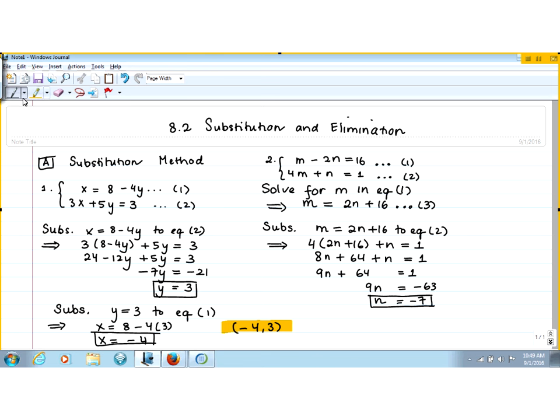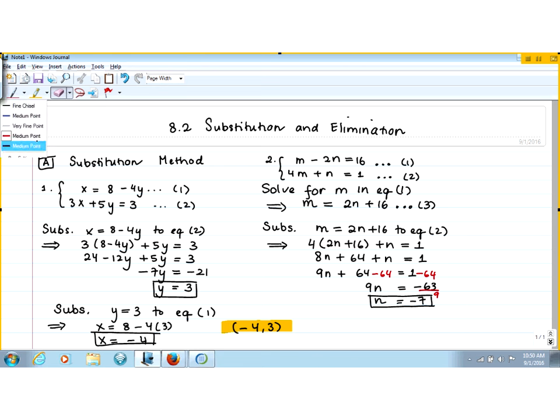So you can write all the process. What do I mean by that? I could write minus 64, minus 64. But you have to write it to both sides. And I could also write divide by 9, divide by 9. But we have to write it to both sides if you want to write it. Make sense? So if on the exam I see only one side divided by 9, I usually deduct points, because that's not true.